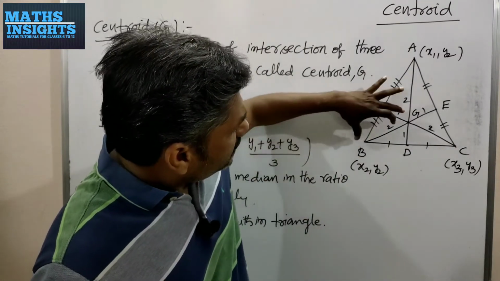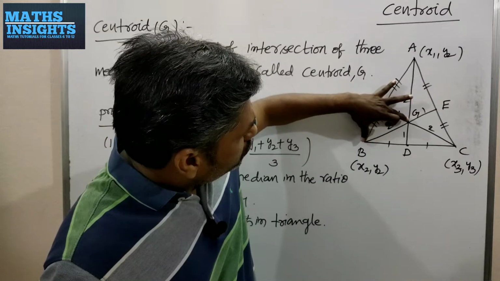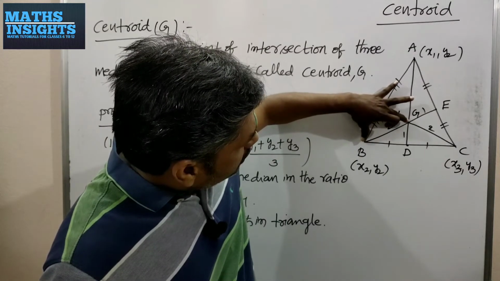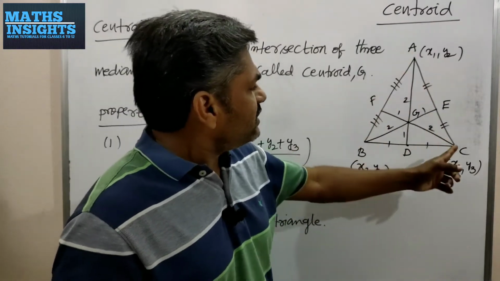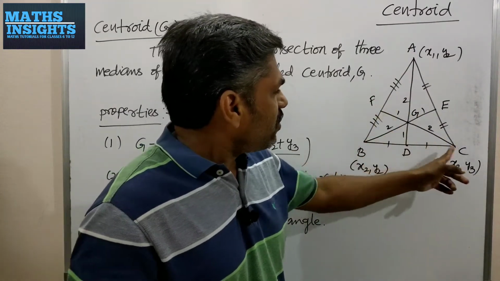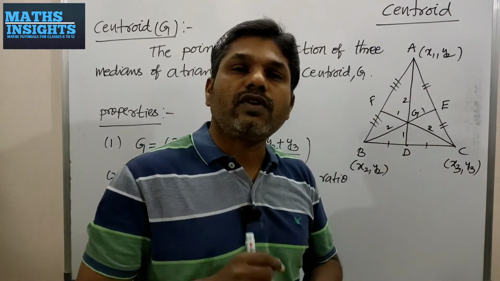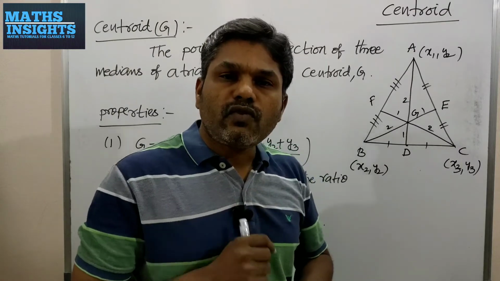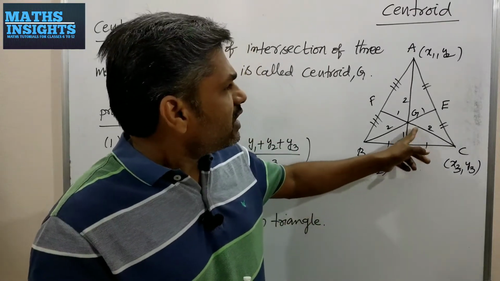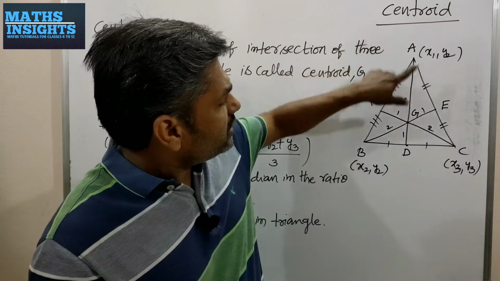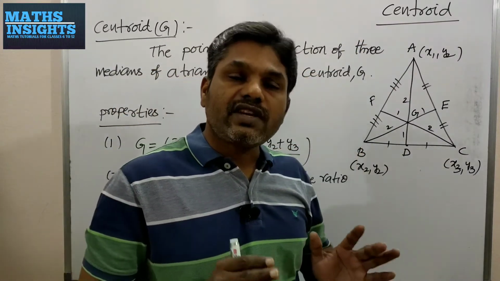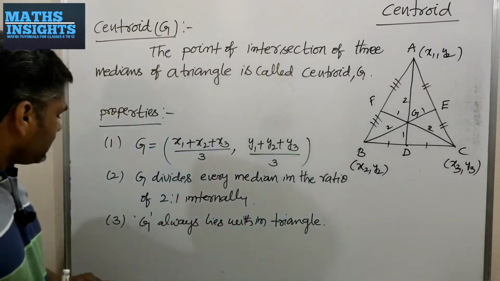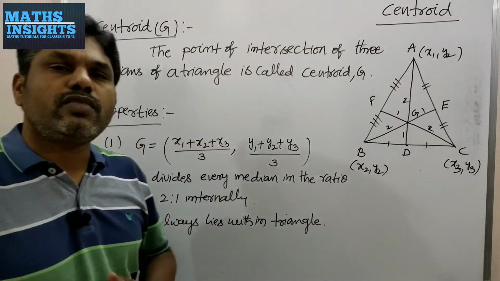Similarly, it divides the other medians in the ratio 2:1 too. If we want to find G when we have the coordinates of A and D, it is very easy using the section formula.